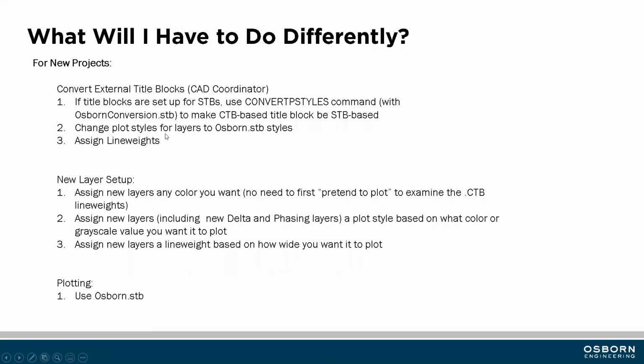And then the CAD coordinator will change the plot styles for the layers to Osborne plot styles, and they'll assign line weights so that the title block will look like the other company wants them to look.